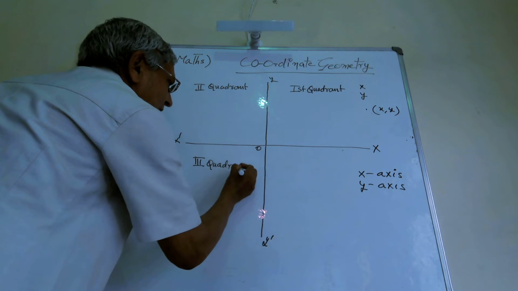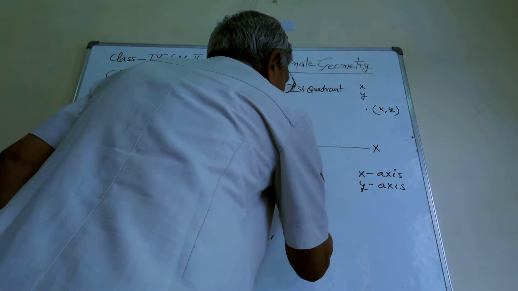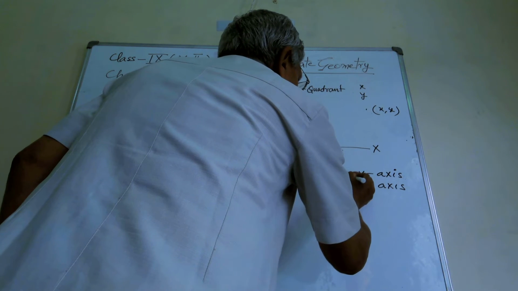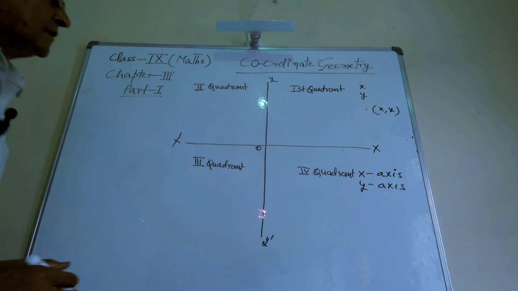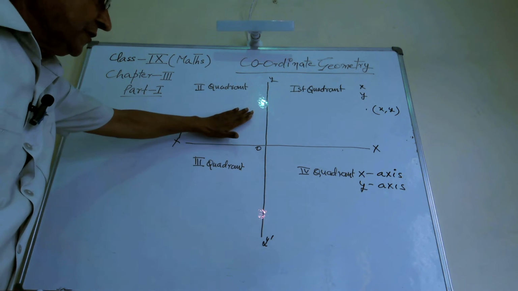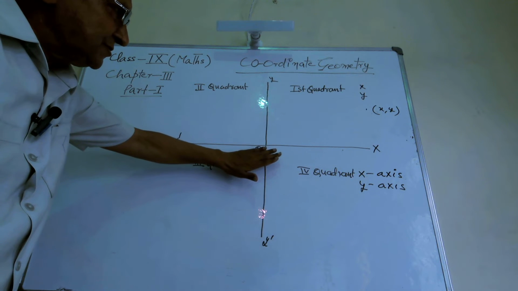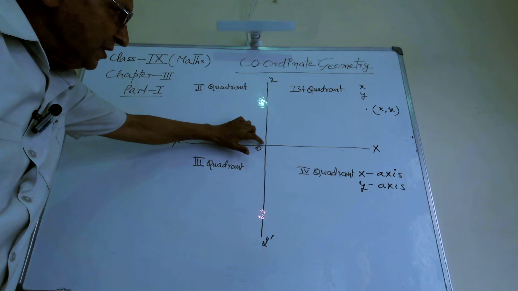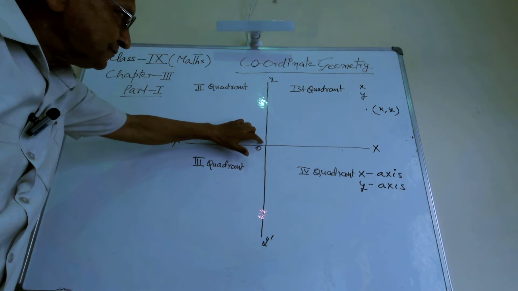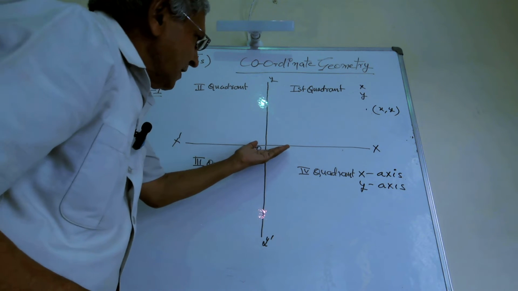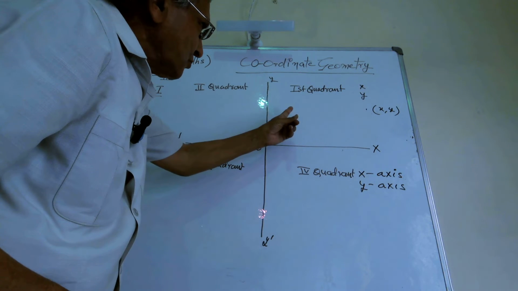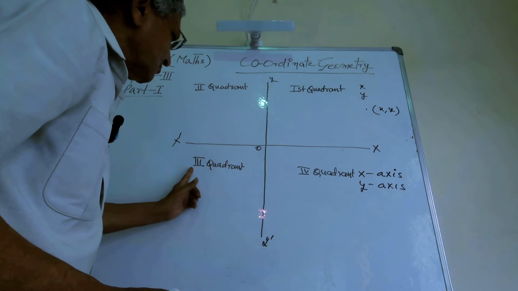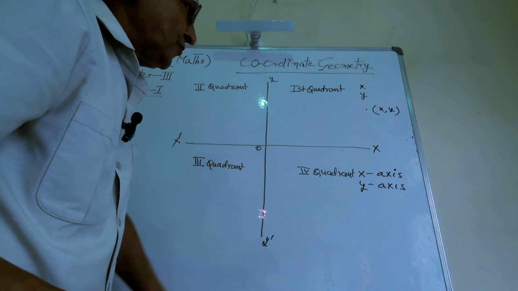This is the third quadrant, and this is the fourth quadrant. Now see very carefully. These two lines are perpendicular, they intersect at point O, and these two lines divide the plane into four quadrants: this is the first quadrant, this is the second, this is the third, and this is the fourth.